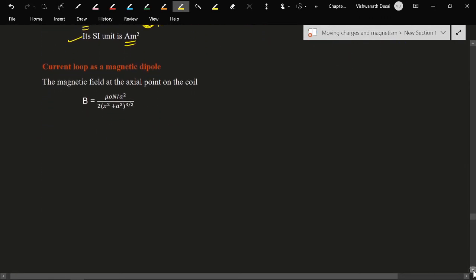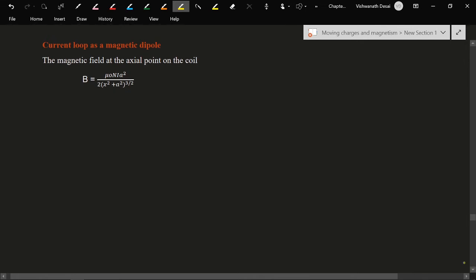Let us check it. A magnetic dipole is just like a bar magnet, consisting of two poles, north pole and south pole, separated by a certain small distance 2L. This is called a magnetic dipole.